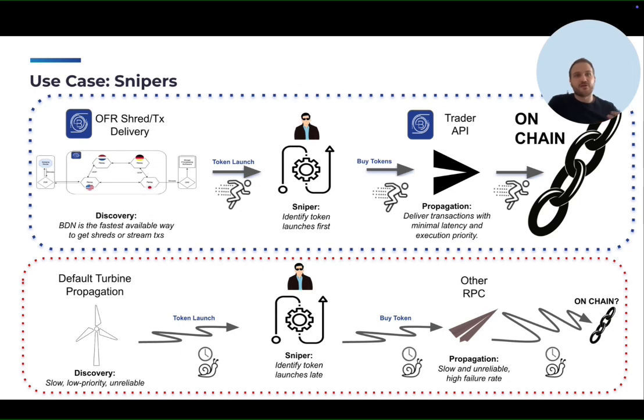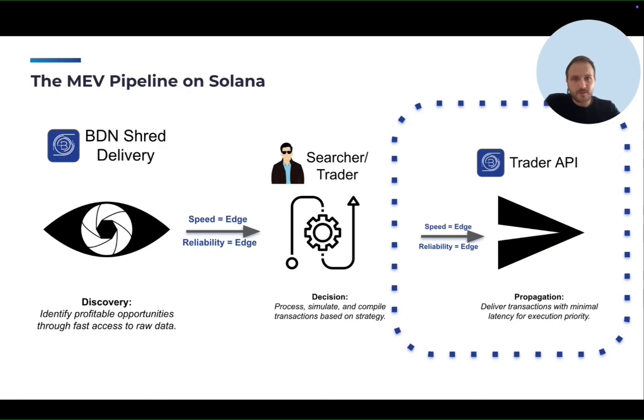And the faster you receive that trading signal that liquidity has been added, the faster you can react and get preferable buying prices than if you were to receive data slower and act slower. That being said, there's also that second component in the pipeline, which is actually landing those transactions.